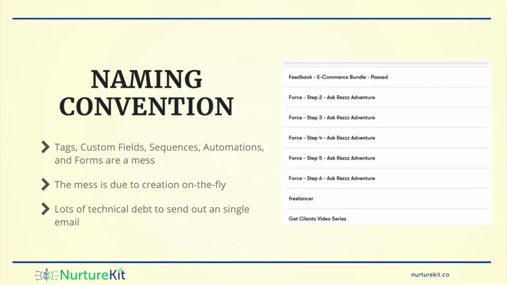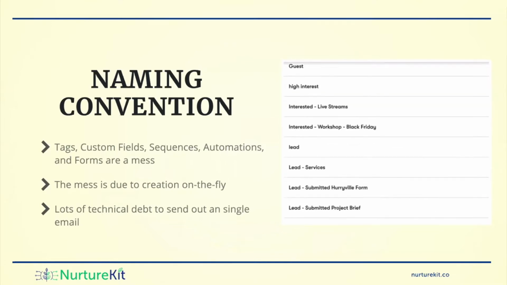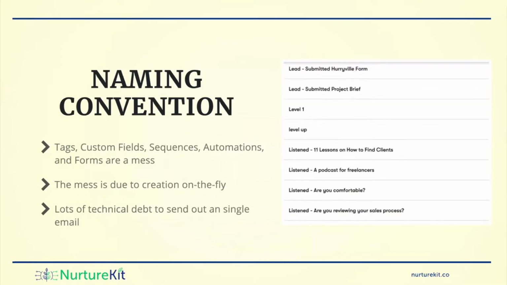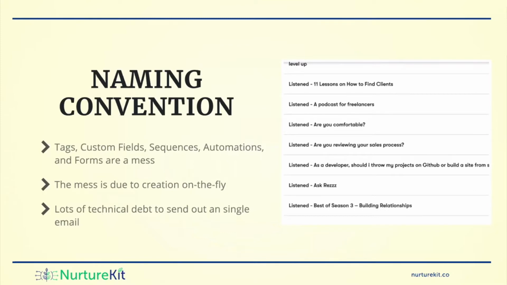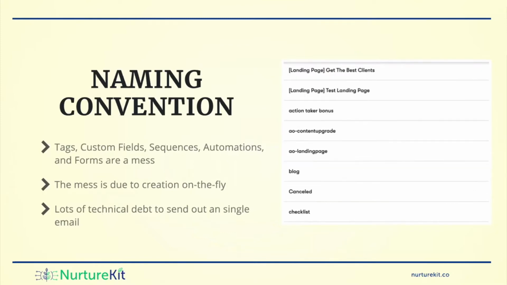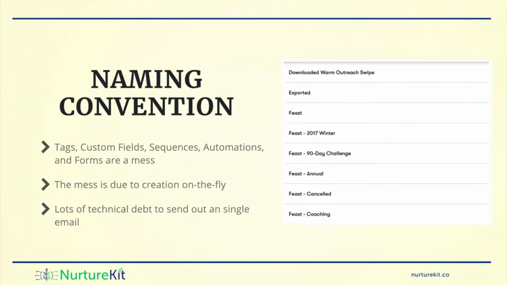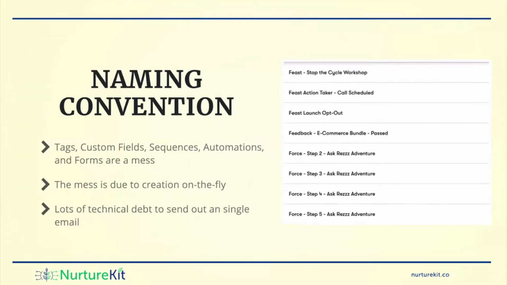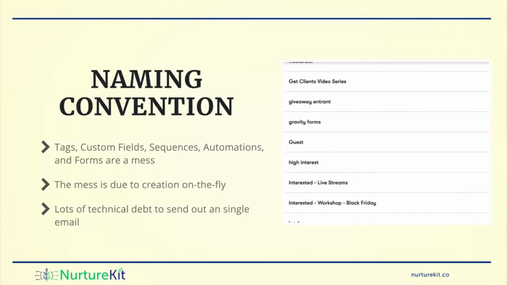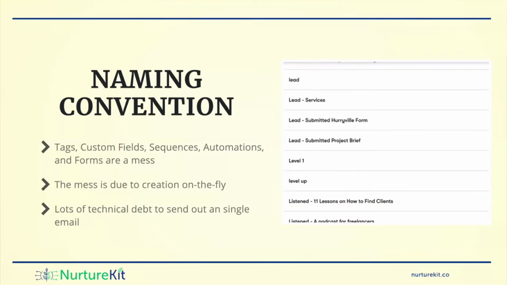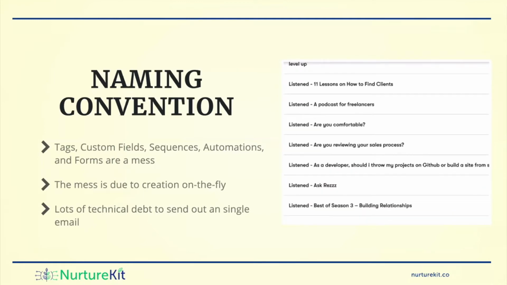So what you're seeing on the screen there was actually my tag list about 7 years ago inside of Drip. Now, you can see that maybe some of them sort of make some sense there, but there are other ones like blog, landing page, canceled. What do those mean? I have no idea, right?